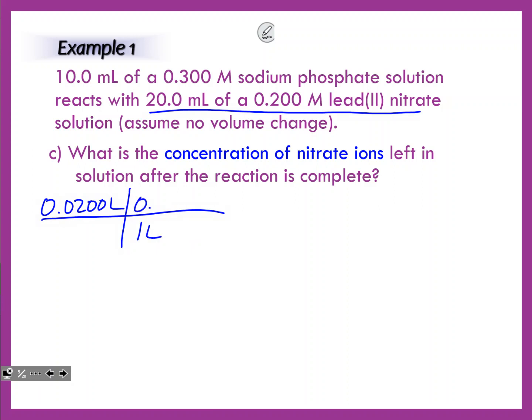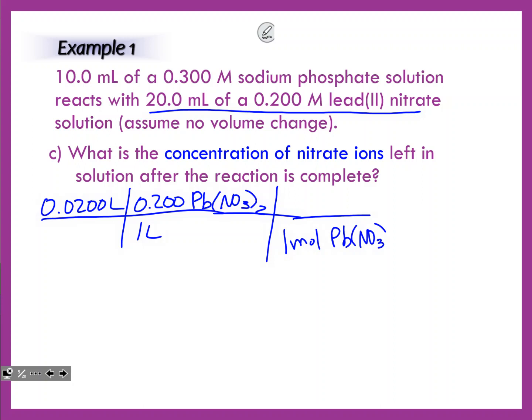1 liter. This is the Pb(NO3)2, right? But in 1 mole of my lead nitrate here, how many nitrate ions get dumped into solution? 2 moles of nitrate, right? There's 2 of them in the formula, so we have to double that.